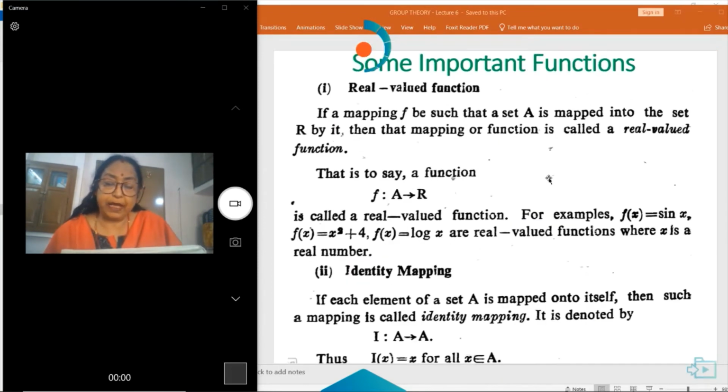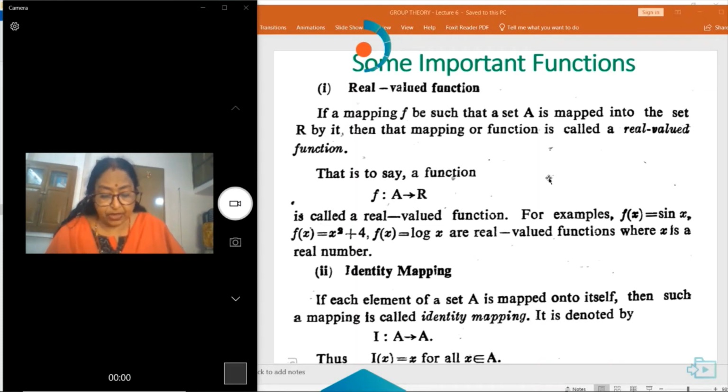Now we will explain real valued function. If a mapping f is such that a set A is mapped into the set R, that is the set of real numbers, then the mapping or function is called a real valued function.